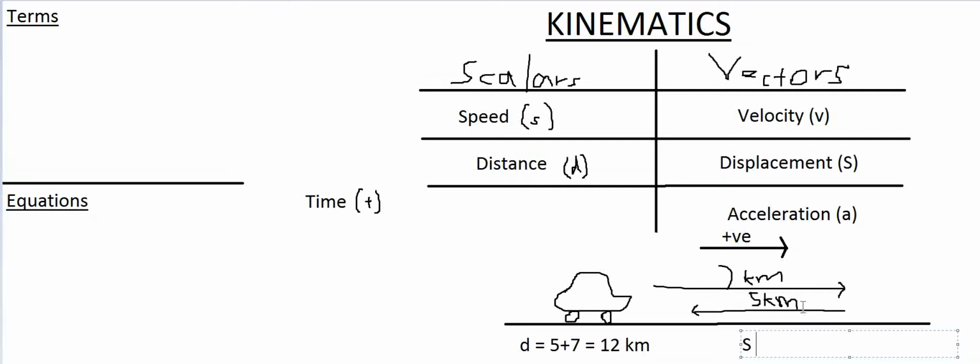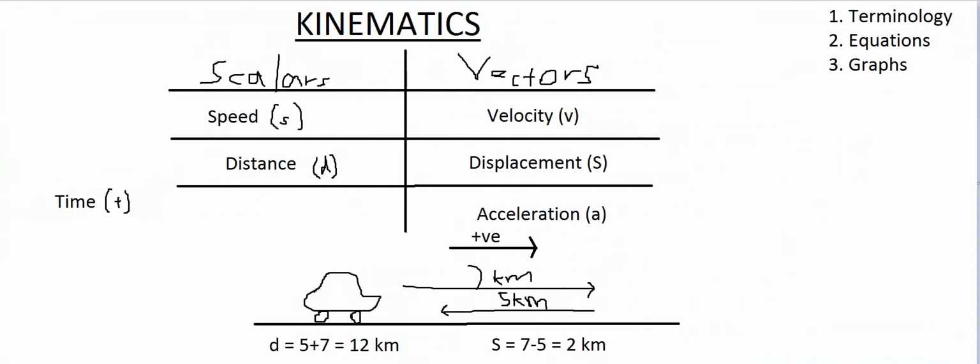So S equals 7 minus 5 equals 2 km. This is the difference between distance and displacement, and with this you can understand the difference between speed, velocity, acceleration and so on.